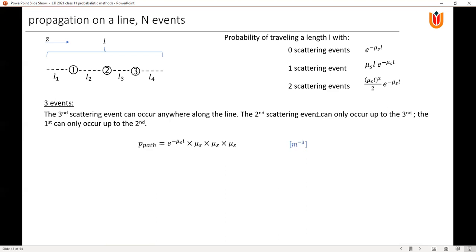So the same thing. We can write out this whole sequence of probabilities. Negative exponential for the travel over L1, then the probability of scattering at 1, then the exponential again for travel over L2, etc. In the end, we can group these exponentials together, so that will yield again a factor exponential of minus μs times L. And now, because we have 3 scattering events, we have μs cubed.